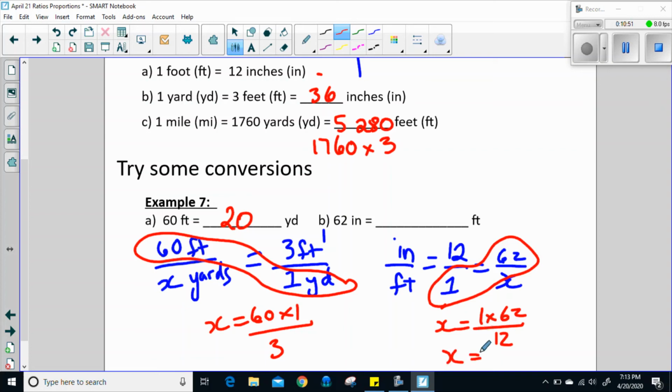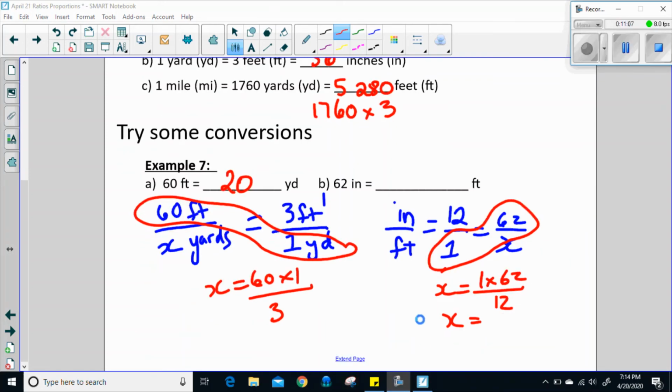So x equals 62 divided by 12, which is 5.16. So therefore, what did I say? 5.16 feet in 62 inches.